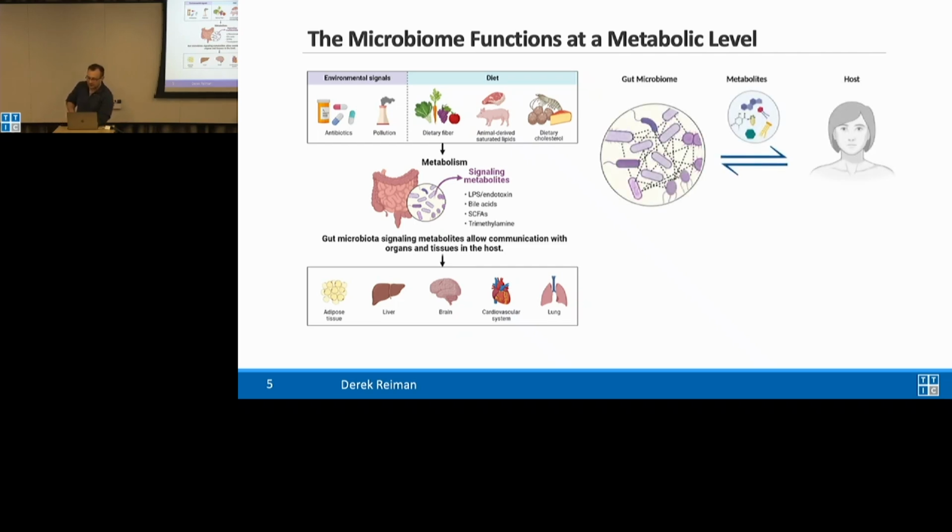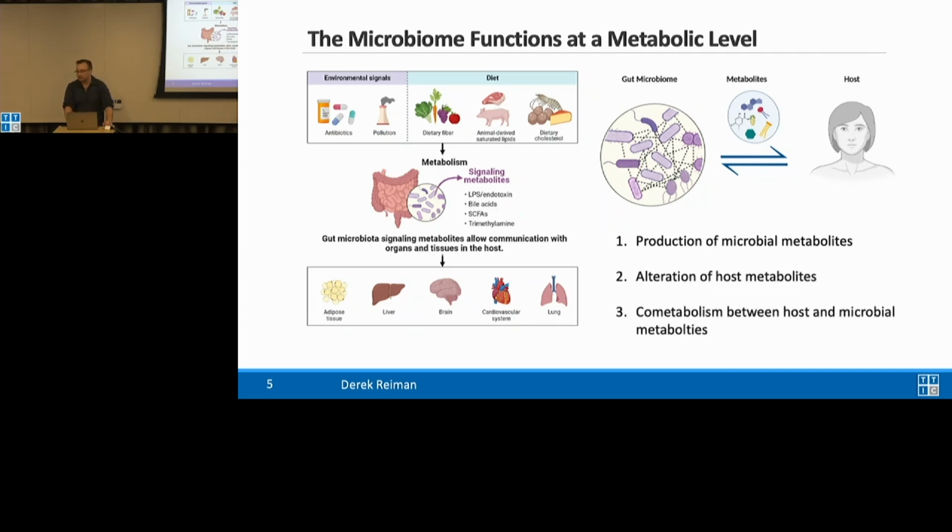We'll talk about metabolites in a few slides, but you can think of them as small molecules floating around, either in the cell or the bloodstream. The way that it can interact is either through producing its own microbial metabolites and introducing those into the environment, altering metabolites from the host, or through co-metabolism, requiring a metabolite from the host and a metabolite from the microbiome, and creating some new interaction.